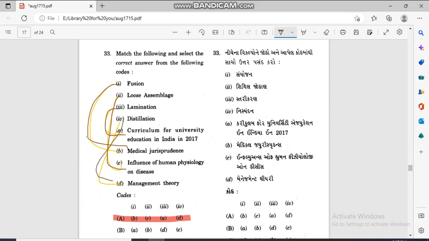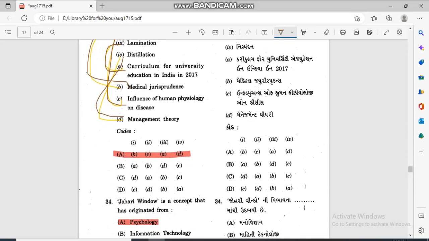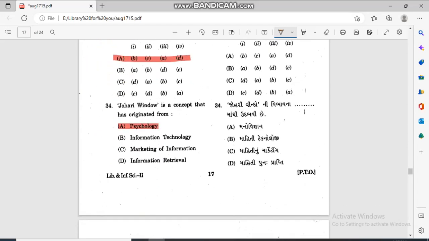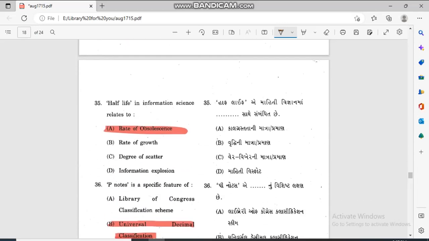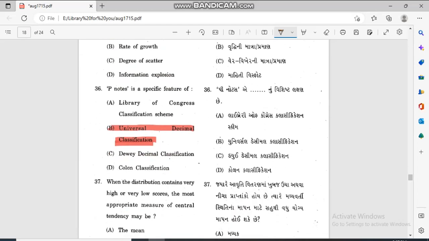Distillation is management theory. So answer is A. Johari window is a concept that has originated from psychology. Half-life in information science relates to rate of obsolescence. Pi knots is a specific feature of Universal Decimal Classification.